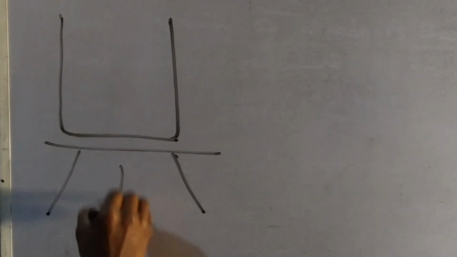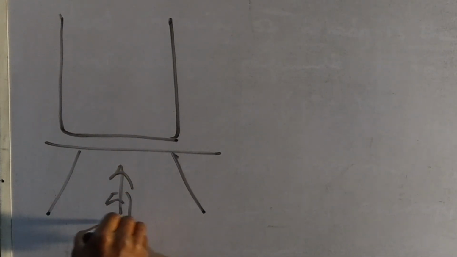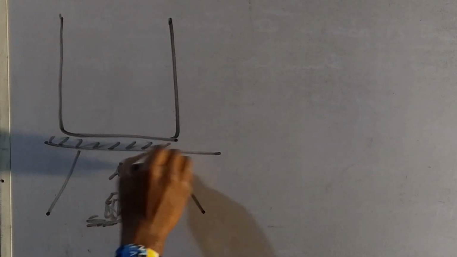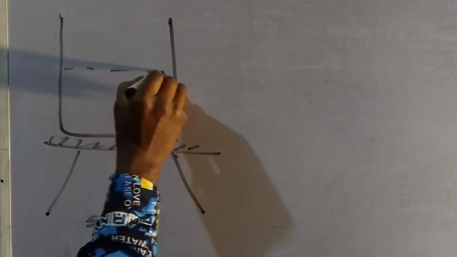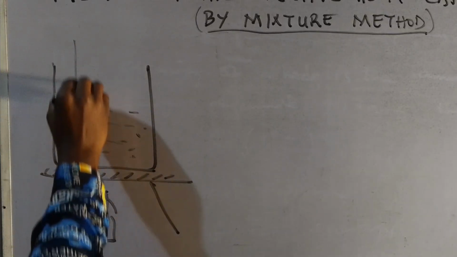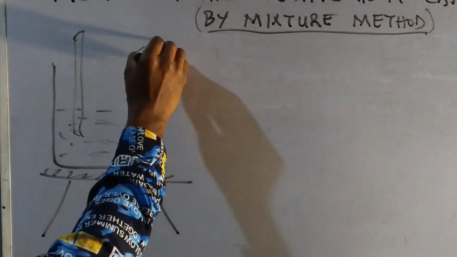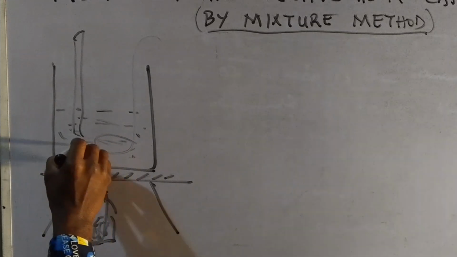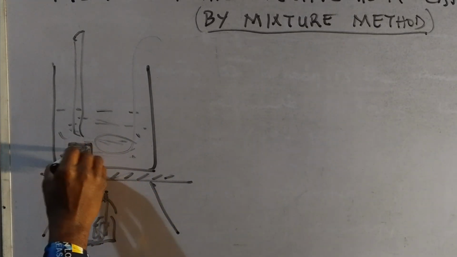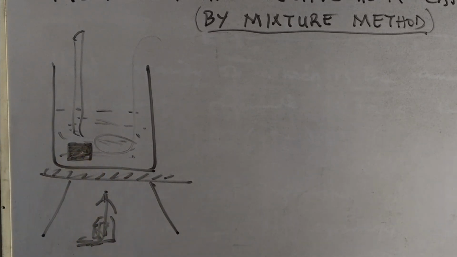We're going to have our source of heat, which could be our Bunsen burner. That is burning. We have our wire gauze. This beaker is filled with water, and you put a thermometer inside, and you put a stirrer. Then the metallic object is going to be inside. So what are you doing here?